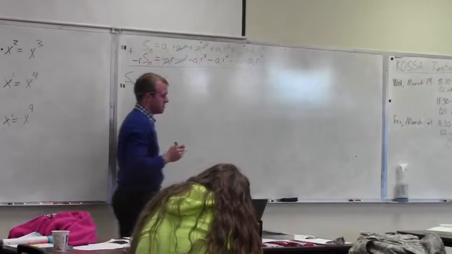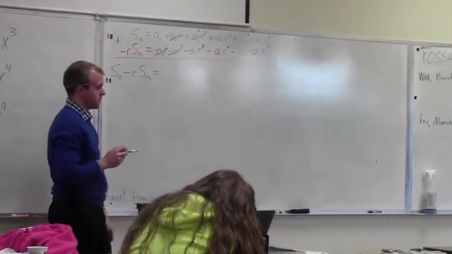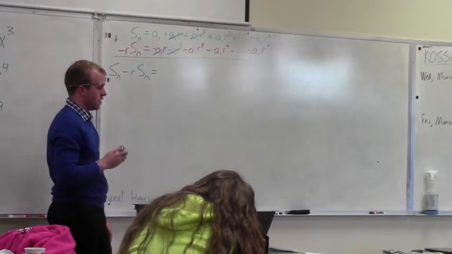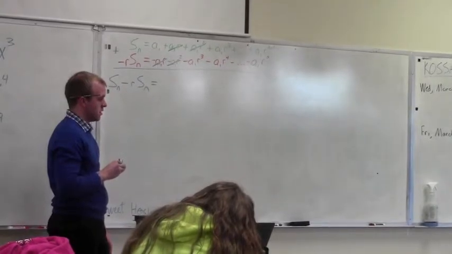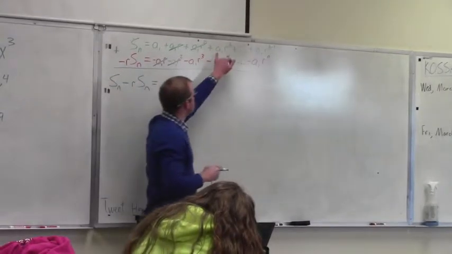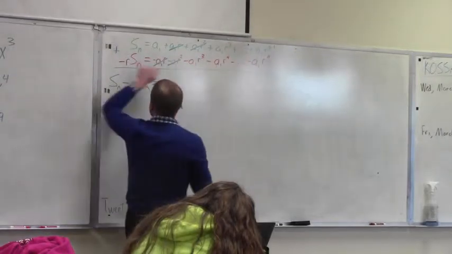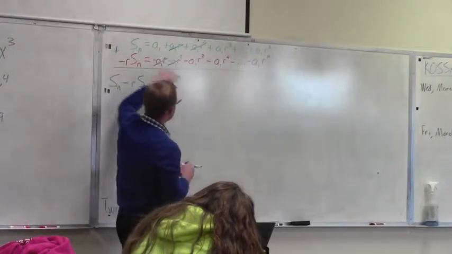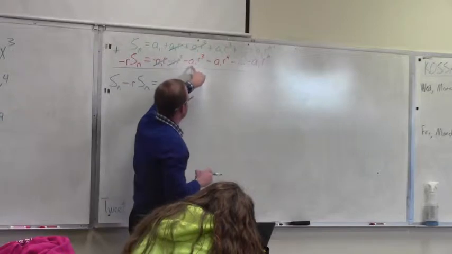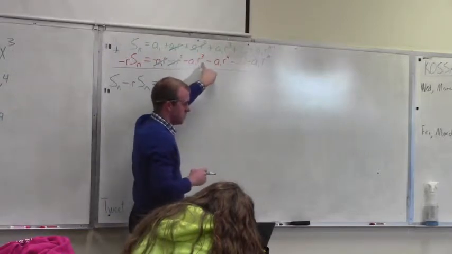What's going to happen there? Okay, so if I have a sub 1 r cubed plus, we're adding everything together, plus negative a sub 1 r cubed, what do I get? What happens?